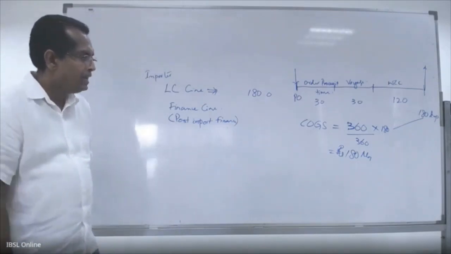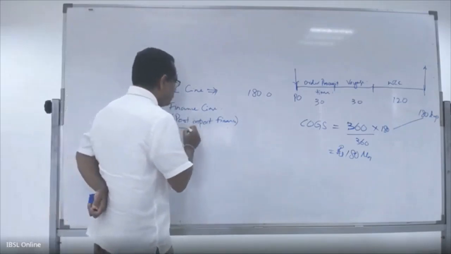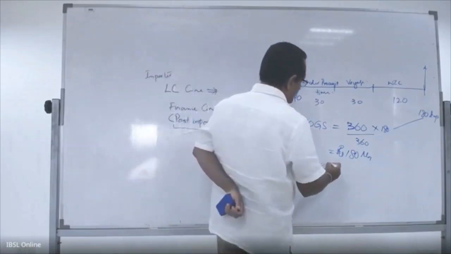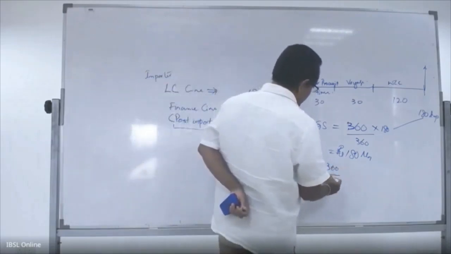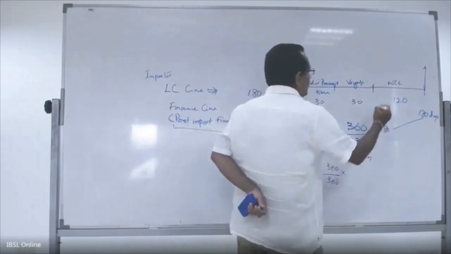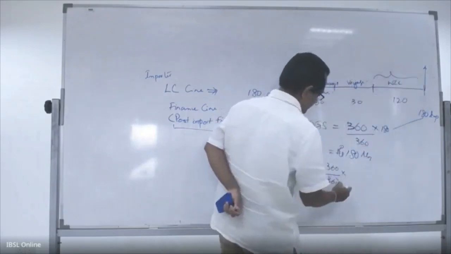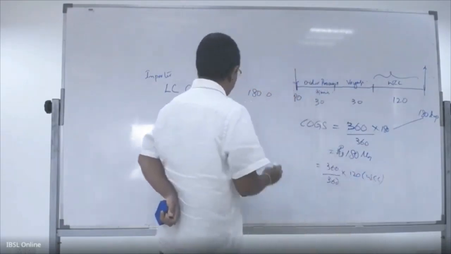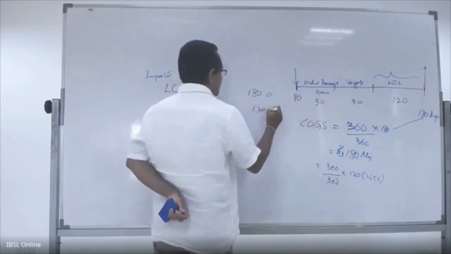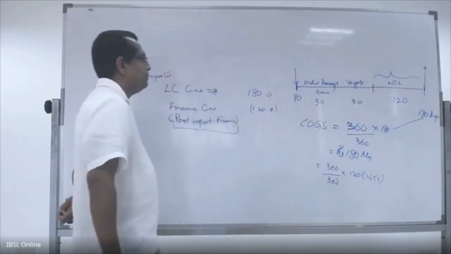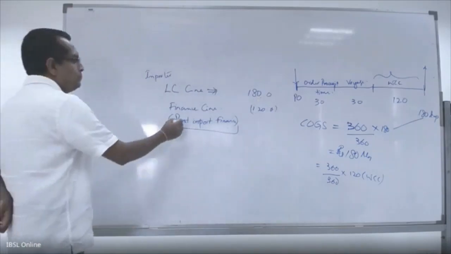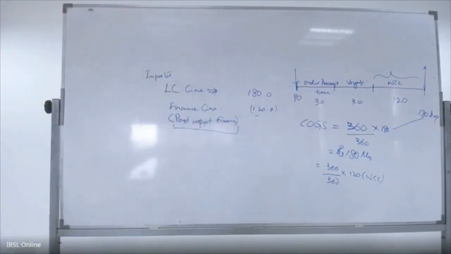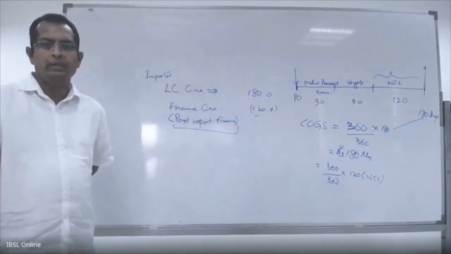Right? Then we need to find out the post-import finance. Similarly, what we do is 360 divided by 360 into the working capital cycle, 120, which is the working capital cycle. So it is 120. If we give a facility of 180 million and a post-import line of 120, this business should be able to be carried out smoothly.